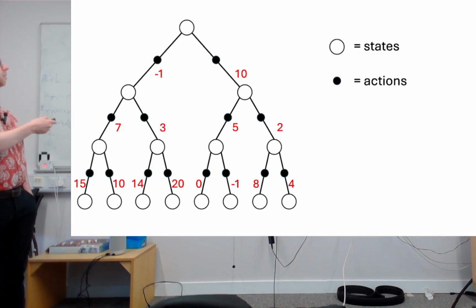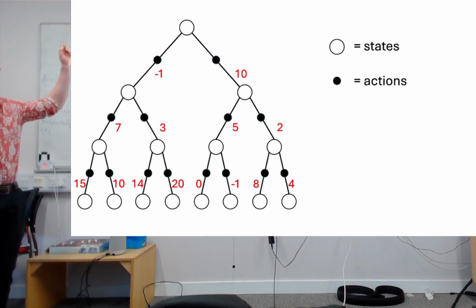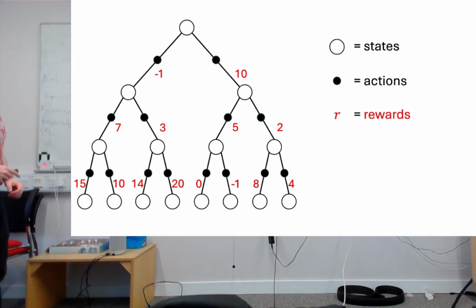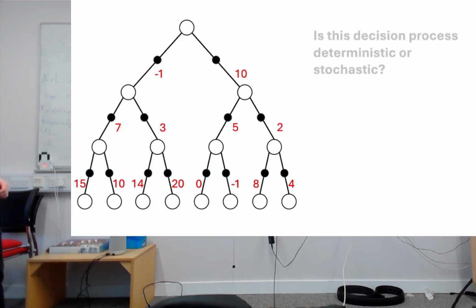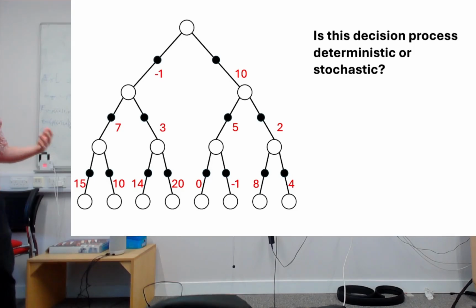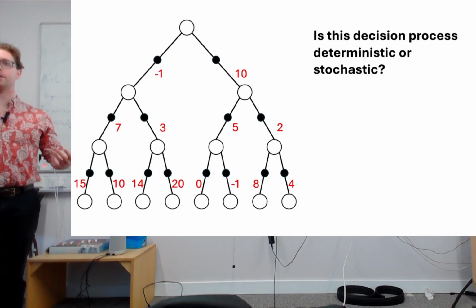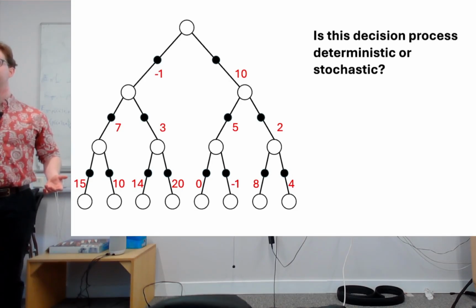When I'm in this top state, and I choose the right action, then I transition into this state, and I get a reward of 10, right? Great. So these are the rewards. All right. So first question, is this decision process deterministic or stochastic? So hands up for deterministic. Hands up for stochastic.